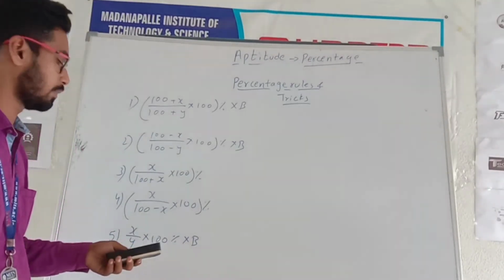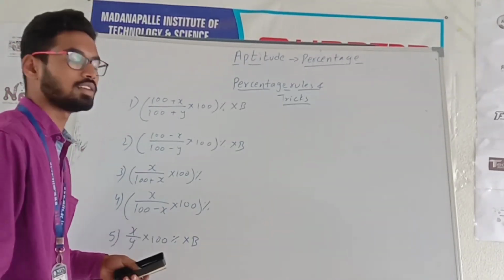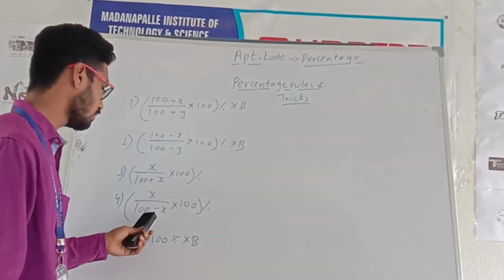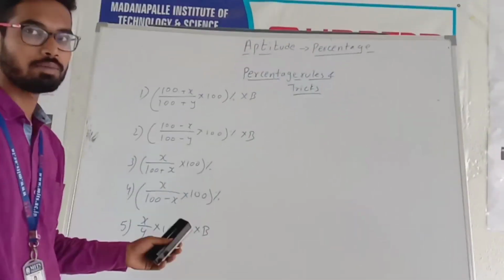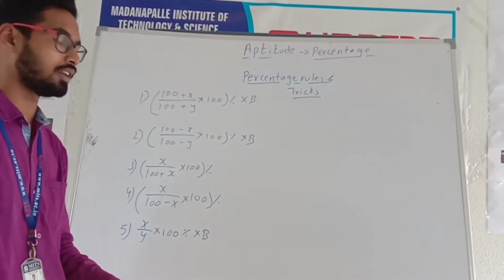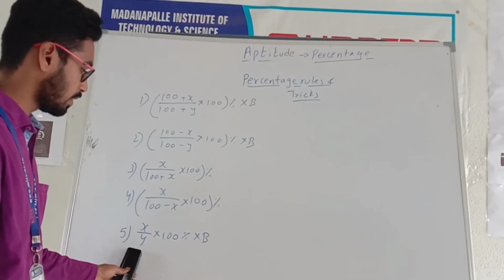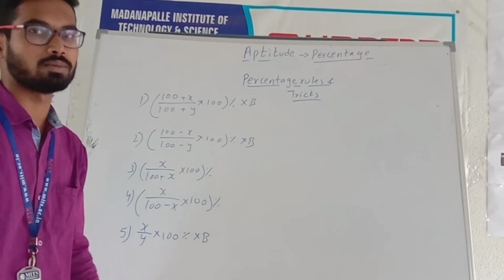And the reverse, if the expenditure is less and the consumption is more, to gain profits, the fourth one is required. And for A percent of B and B percent of C, like these tricky questions, the X by Y into 100 percent of B formula is used.